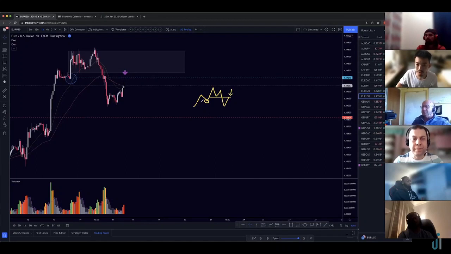Yes. But we always need to consider if we're following the overall trend. If the overall trend is up, we need to know if it's up or down. Okay, so let's say this piece here is overall in a huge uptrend.